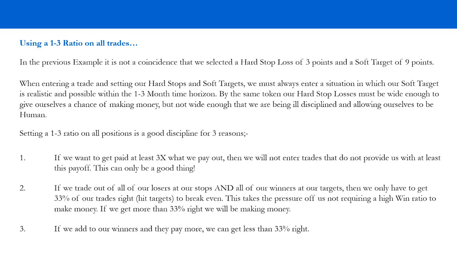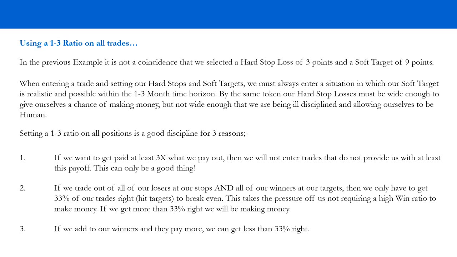Secondly, if we trade out of all our losers at our stops and all of our winners at our targets, so not adding to the position or running the position if it's winning, then on a risk-reward ratio, we only have to get 33% of our trades right.